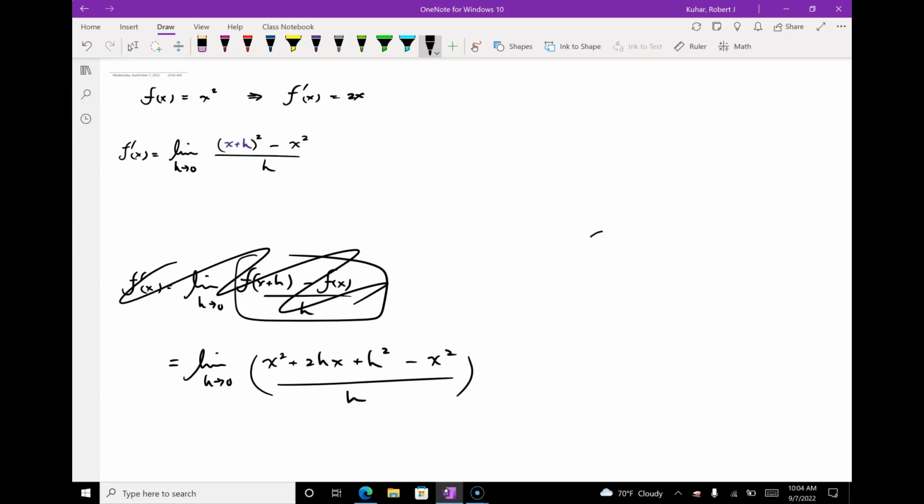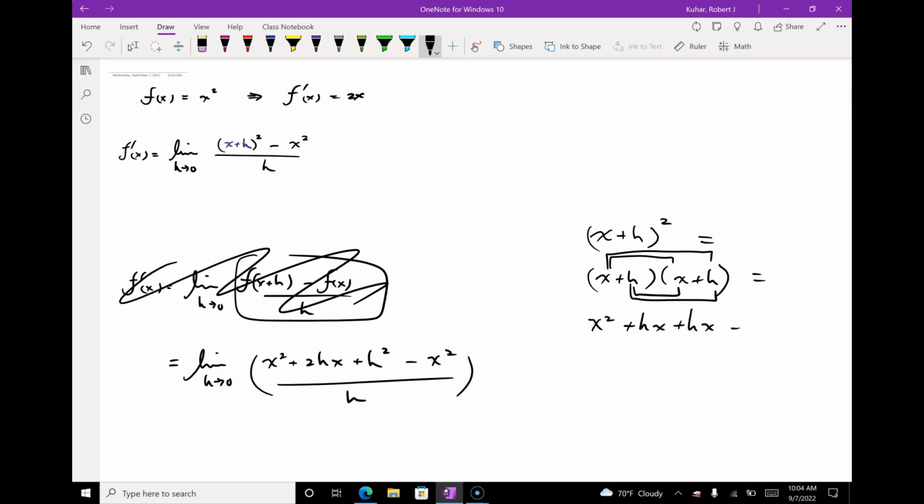So I have an x plus h quantity squared, and that is x plus h times x plus h, and that is x squared plus an hx, again alphabetical order, plus another hx plus an h squared. So there it is, x squared plus 2hx plus h squared. Yes, you agree?